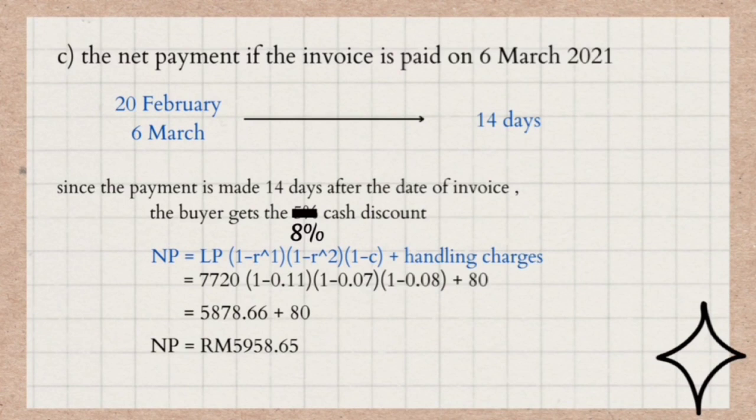So we replace the numbers: 7720 times (1 minus 0.11)(1 minus 0.07)(1 minus 0.08) plus 18 equals 5878.66 plus 18. We get the net payment as RM 5958.65.